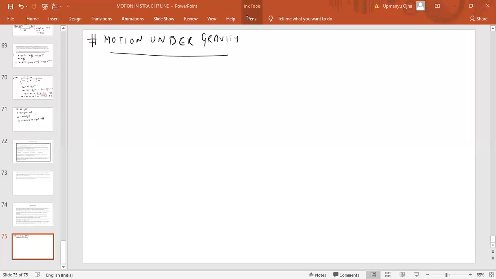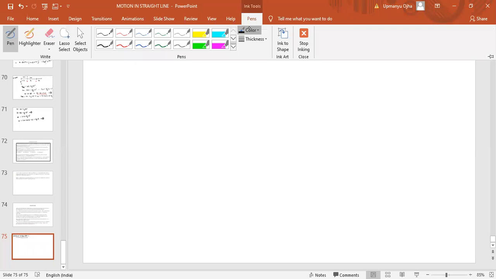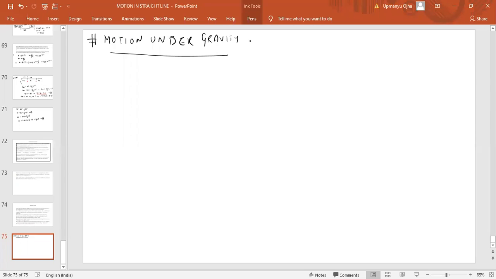So motion and gravity, I told you that if a body is thrown upward, then the body is attracted towards the earth with a constant acceleration g, whose value is equal to 9.8 meter per second square. So the motion under gravity can be taken as constant acceleration.